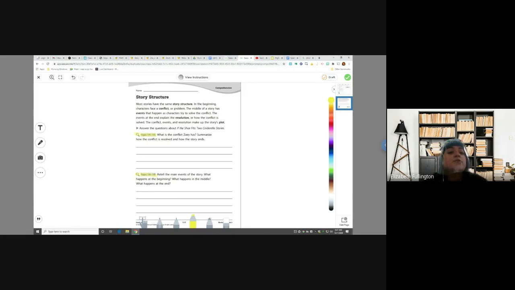So the first question says, what is a conflict Zoe has? Summarize how the conflict is resolved and how the story ends. So that's all you're telling me is what was Zoe's problem in the story? How did she solve her problem at the end of the story? And then on number 2, it says retell the main events of the story.